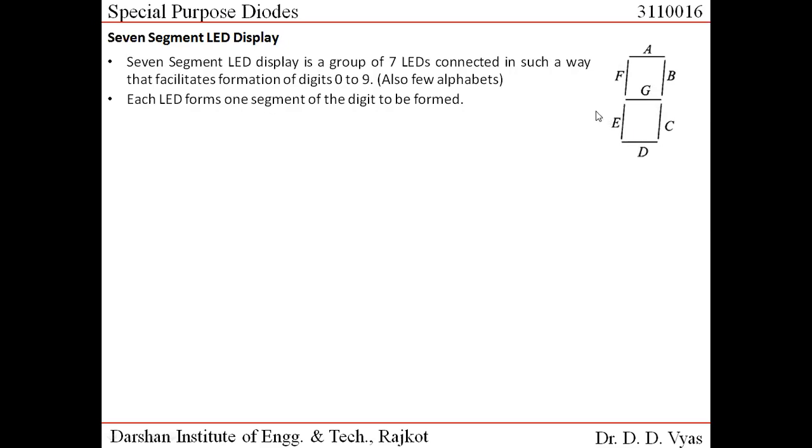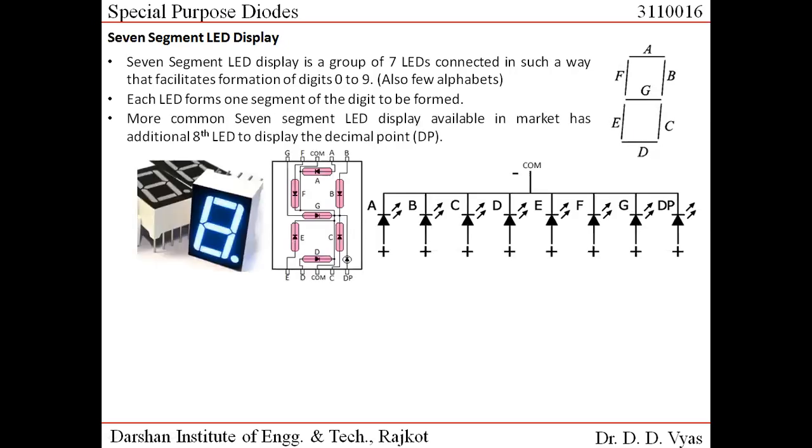In the market, the 7-segment LEDs which are available have an additional 8th LED to display the decimal point, which is called DP. Even though this package consists of 8 LEDs, it is popularly called a 7-segment LED display only.